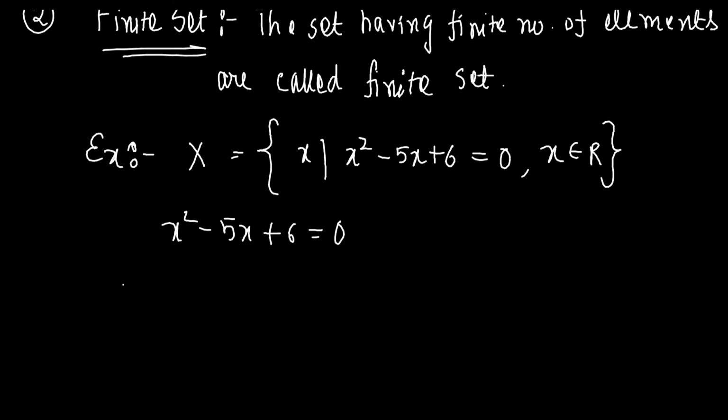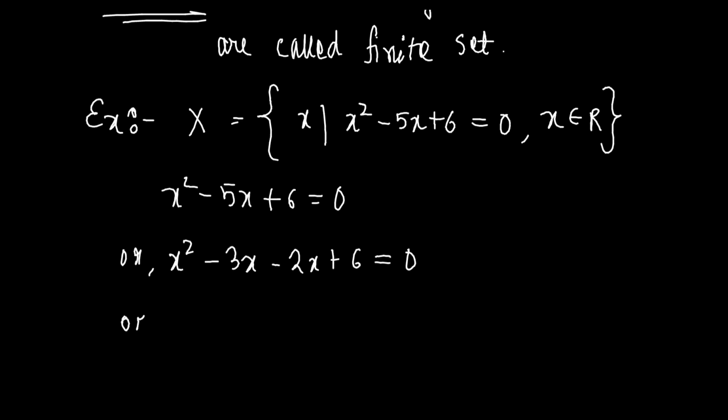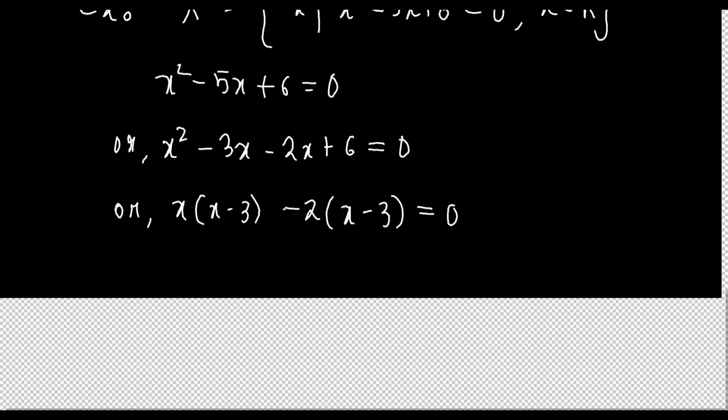So if we solve this one, this will be x square minus 3x, its middle term factorization, minus 2x plus 6 equal to 0. So this will be x into x minus 3 minus 2 into x minus 3 is equal to 0.